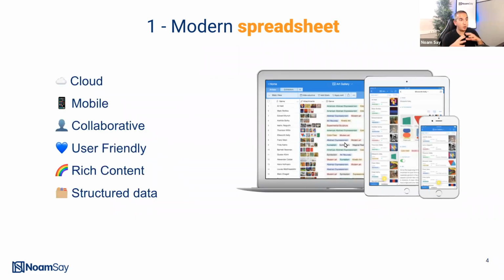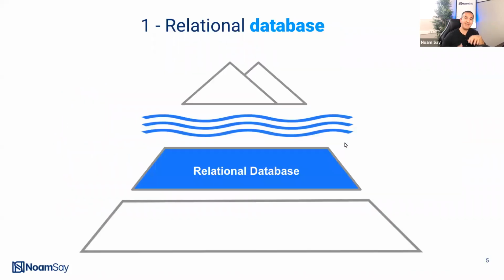You notice that it's a super spreadsheet, which is cloud-based. It's mobile. It's collaborative. You see that it's super user-friendly, super easy to use. You can put rich content like images and PDFs and so on. And it has structured data, meaning that each column basically has a specific type. We will see that later.